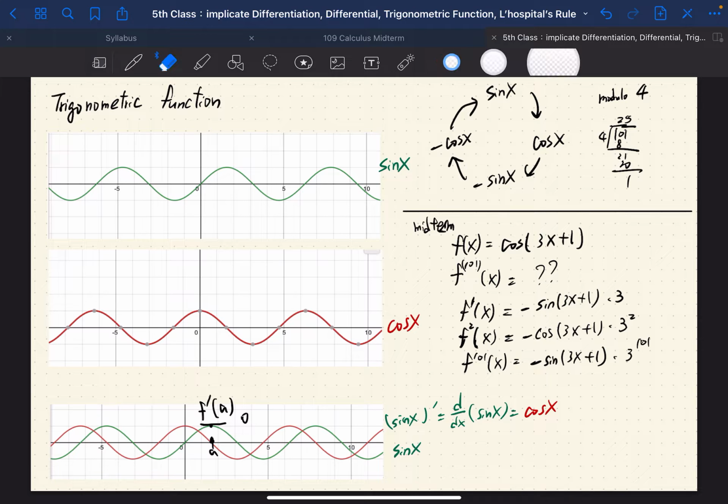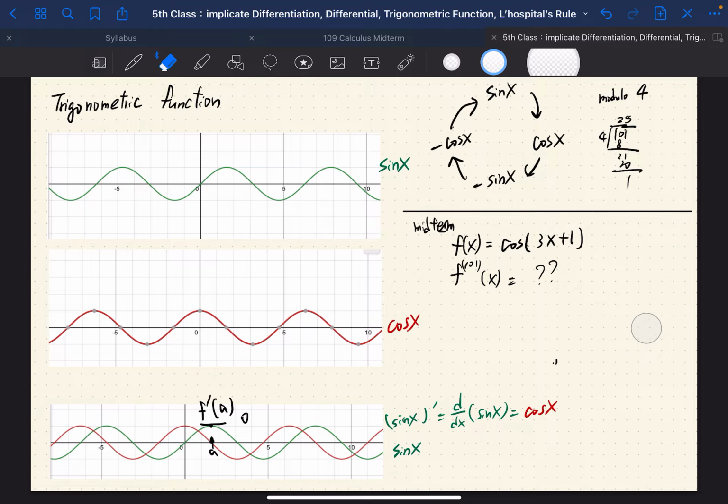Let's look at the previous midterm exam. It asks about a function called cosine of (3x plus 1), and it asks what is the derivative of this.